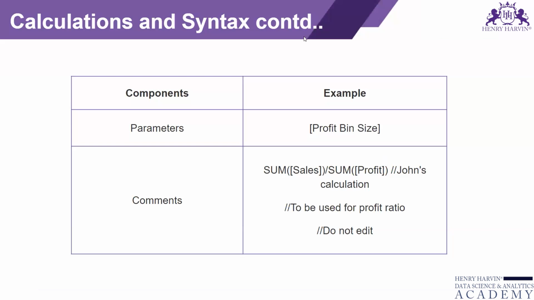Only this part is called an expression, and I want to explain the meaning of it. So if somebody goes to the calculated field, they can understand what it means. How? You see there is a double slash, right? After this double slash, whatever we write is considered a comment. The usage of a comment will not be considered as an expression.